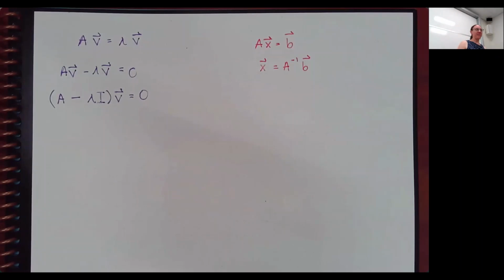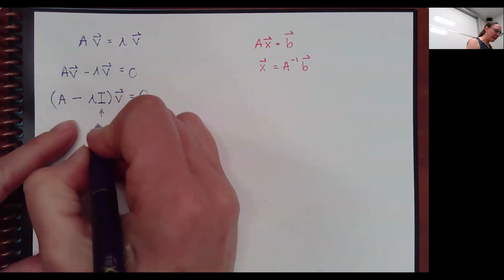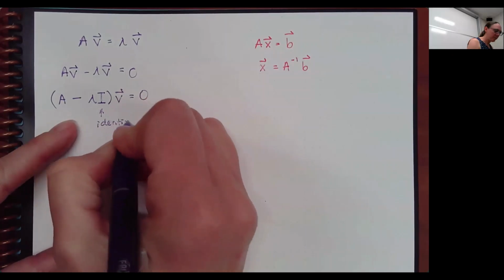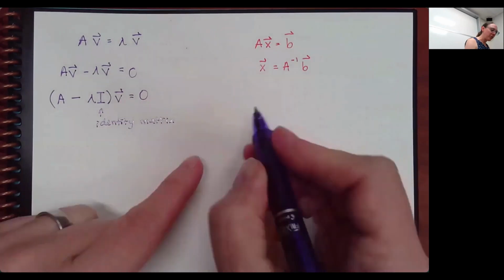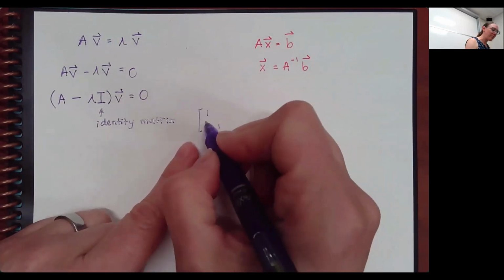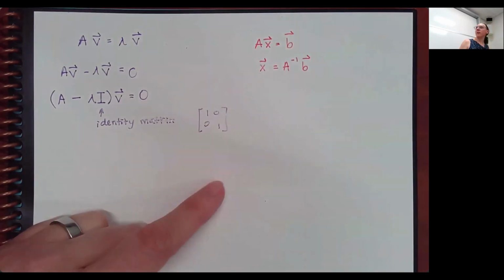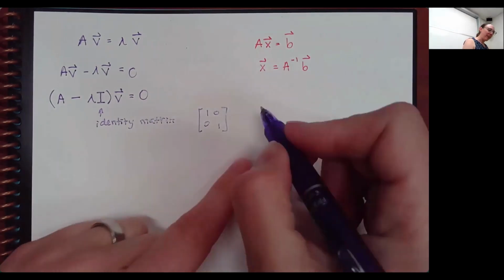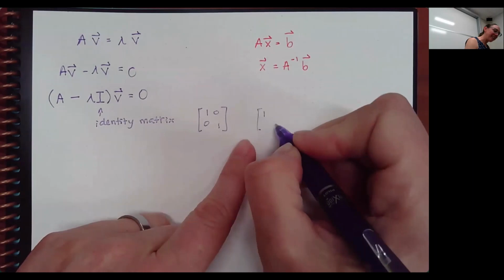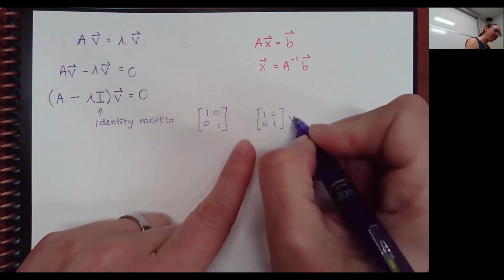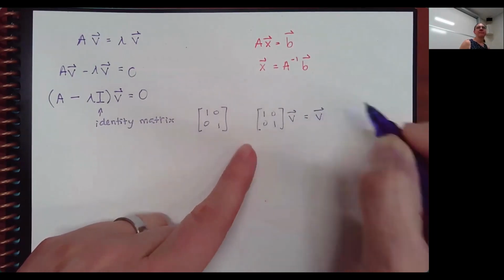As a reminder from 19b, that identity matrix for a 2 by 2 looks like 1, 0, 0, 1. And we call it the identity matrix because if I take that identity and multiply it by a vector, I just get the vector back.